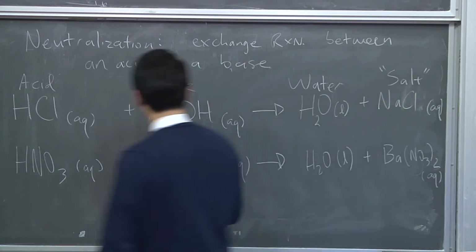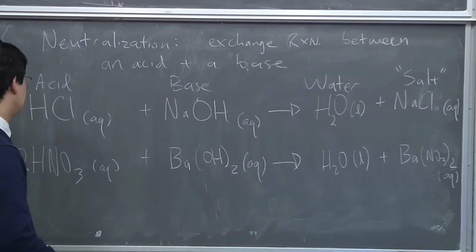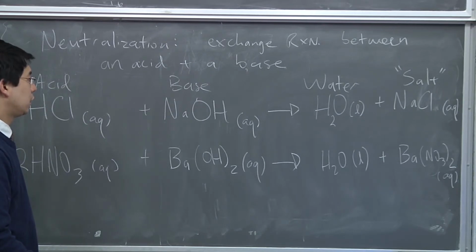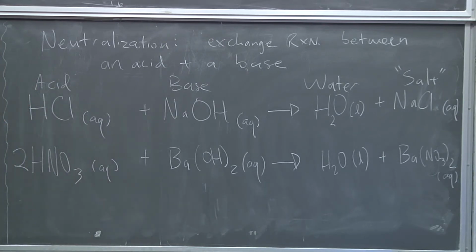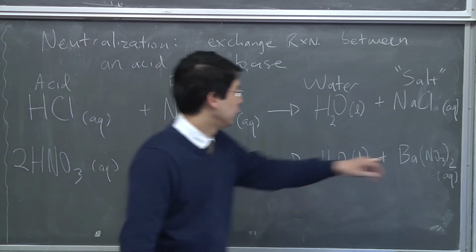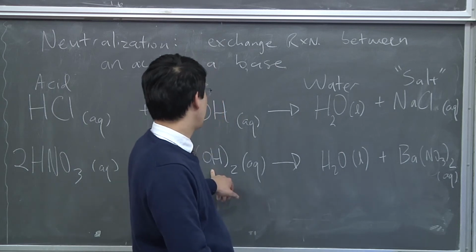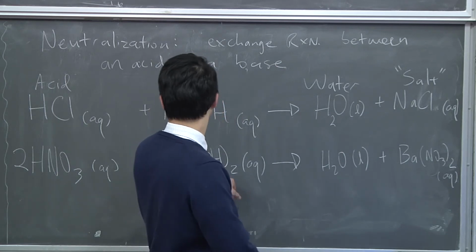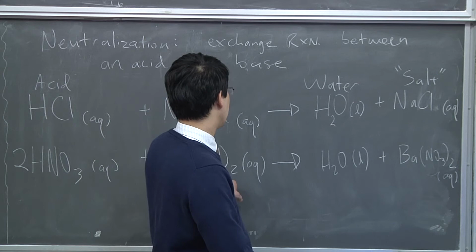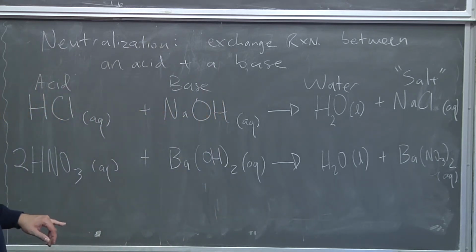And so we're going to need 2 of these to balance the nitrates. And that's it, right? Because we have 2 H's, 2 H's, 2 nitrates, 2 nitrates, 1 barium, 1 barium, 2 OH's. So where did that come from? Yeah, okay, so maybe we need something different.